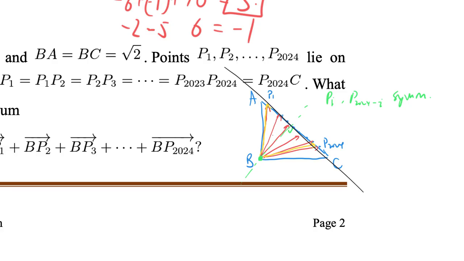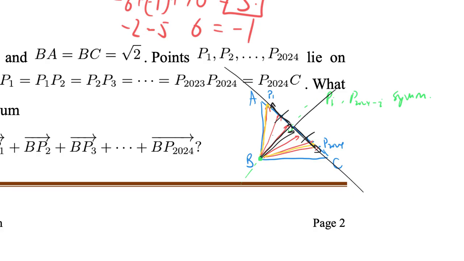So if you consider, we can break down this BP1 into this component plus this component, and the BP2024 into this component and this component. And so these two would cancel, and you would get double the distance from B to AC.